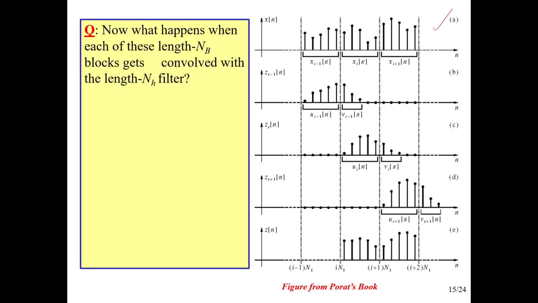And now I'm going to convolve each one with the filter of some length n sub h. Now we know the length of that convolution is, if we've done this right, regardless of how we compute this convolution, whether we do the simple FFT based approach where we zero pad each, do the DFT computation, form the product, do the inverse DFT, and then get back our correct linear convolution result, or we just linearly convolve them.